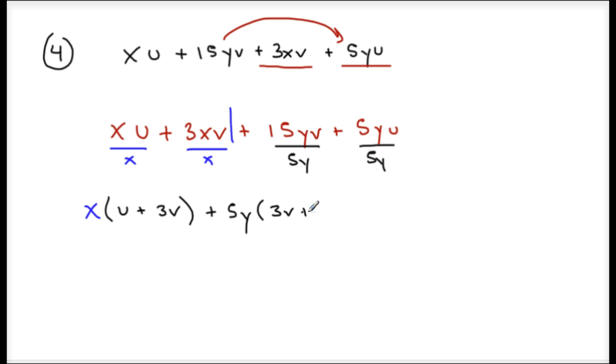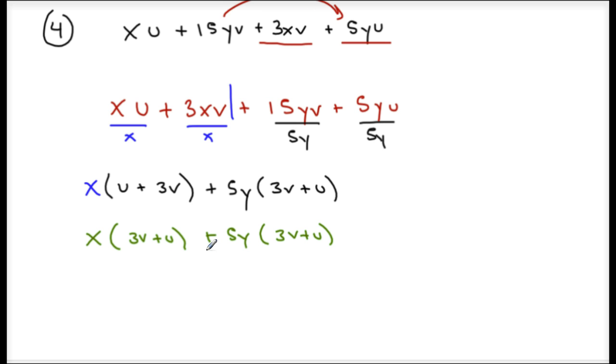Beautiful. 3v plus u. Now, this one says u plus 3v. This one says 3v plus u. Are those the same? Yes. Absolutely, right? So if I want to just rewrite this as x times the quantity 3v plus u, I can do that. Plus 5y times 3v plus u, just so they look alike.